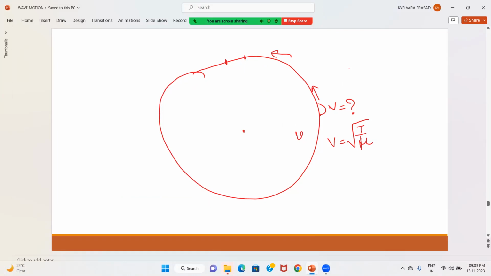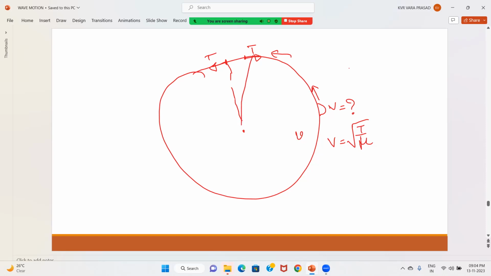Now we have to focus on who is providing the centripetal force. Again, this is the same as the earlier question which we have discussed. That is tension by this part and tension by this part, and their components towards the center provide the centripetal force.